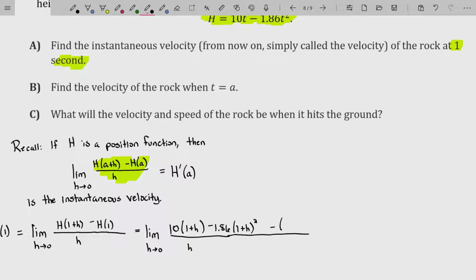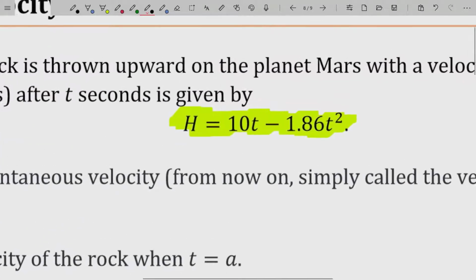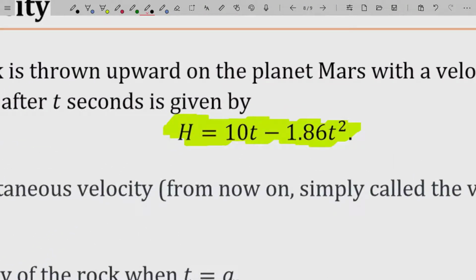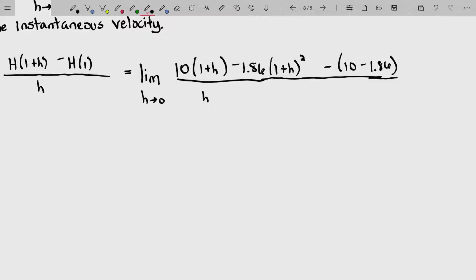Now, I want to showcase what this looks like because it's kind of nice. You're taught in mathematics constantly to simplify, right? So if I had plugged 1 into this, I get 10 minus 1.86 because 1s don't matter there. Now, I'm not going to combine that 10 and that negative 1.86 for a very specific reason. I want to showcase this. Just bear with me while we do this.